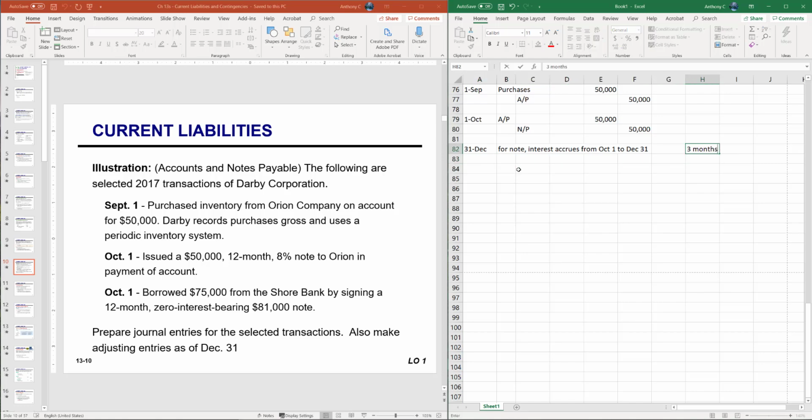So for our interest, we'll take our principal, the $50,000, multiply by the interest rate of 8%, and then multiply by 3 over 12 months. This gets us to 4,000 times 1 over 4, or $1,000 of interest expense. So we'll debit interest expense for $1,000.